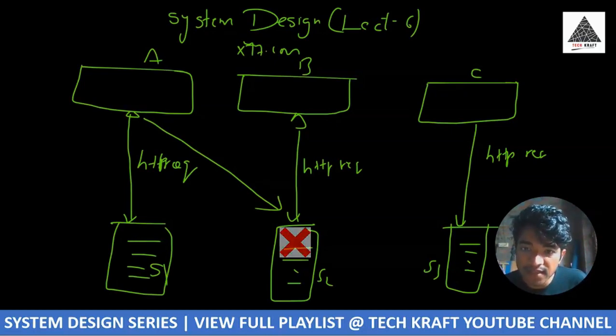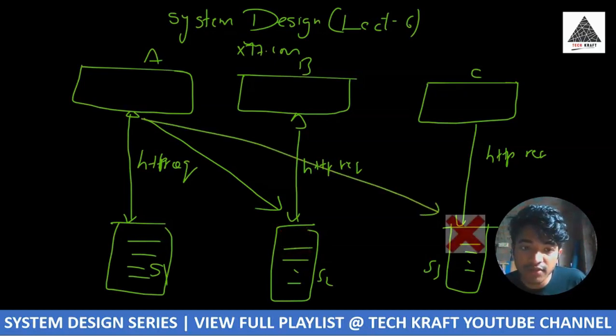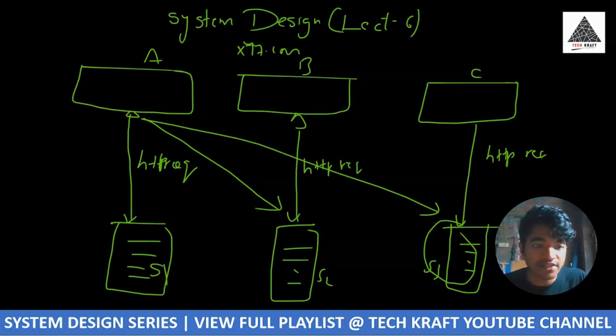Or if client A's HTTP request goes to server 3, then the authentication will fail, because client A's session data is not stored in server 2 or server 3. It is the same case with client B and client C. If client B's HTTP request goes to server 1 or server 3, the authentication will fail. So the problem is, every time client A only depends on server 1.